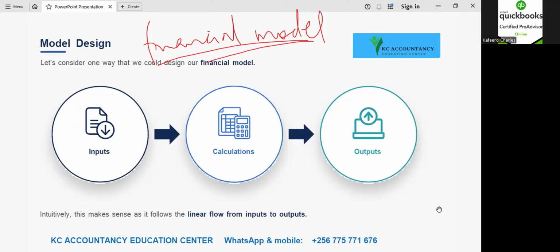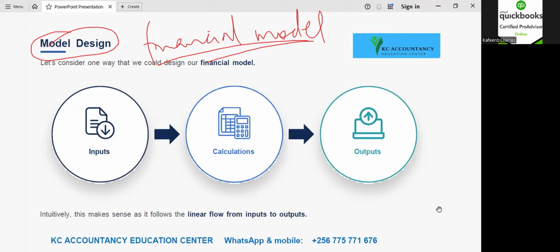So as we move forward, we want to start to think about model design as a critical step, because model design is something that is skipped over by some of the people that try to do model building, or the model builders.